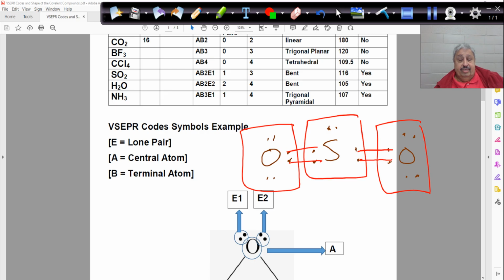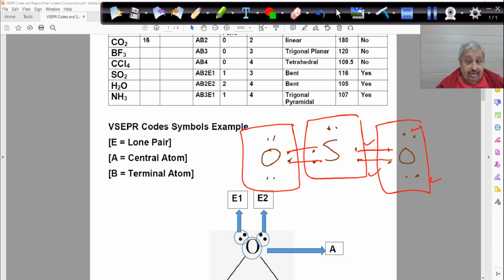So guys, look at this. Does oxygen obey the octet rule? Yes or no? Yes. Why yes? Two single bonds make a double bond, correct? Two sets of bonding pairs and two sets of non-bonding pairs.